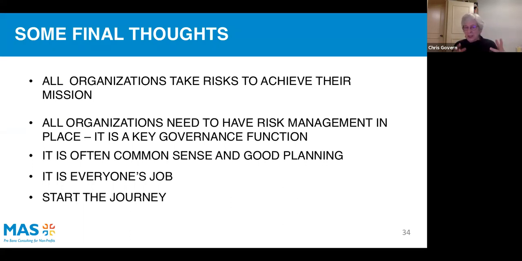About 10 years ago, I did the first risk management framework for Mass. It was fairly simple, but the board looks at it every year. There are critical risks that we need to look at. Can we recruit enough volunteers, those kinds of things. So even very low risk organizations and small organizations should have a risk management framework.